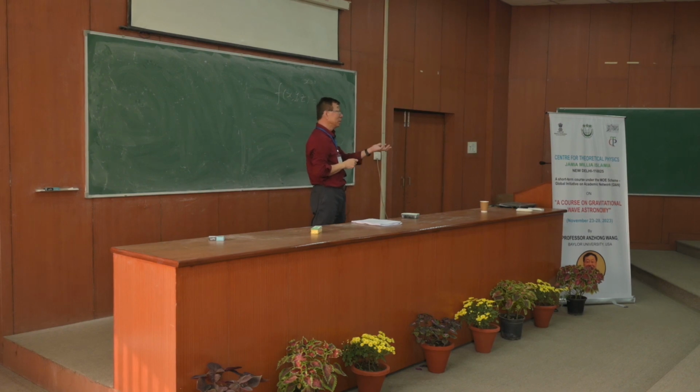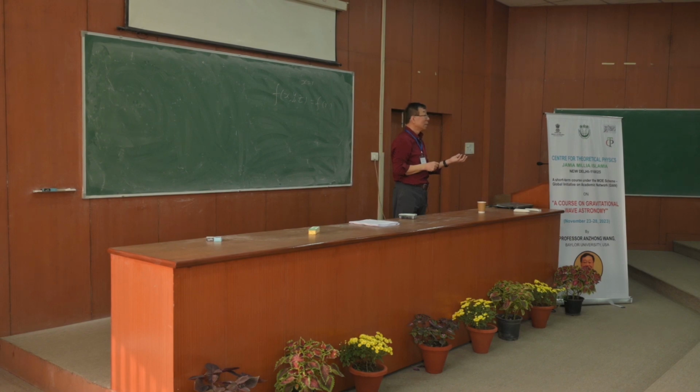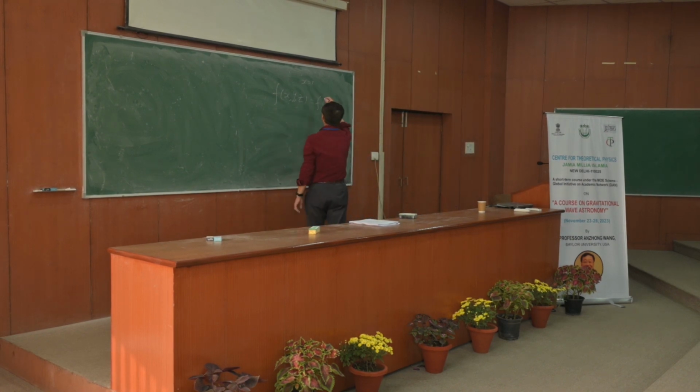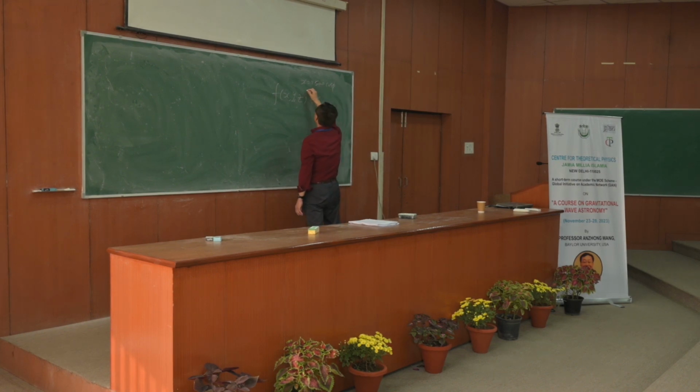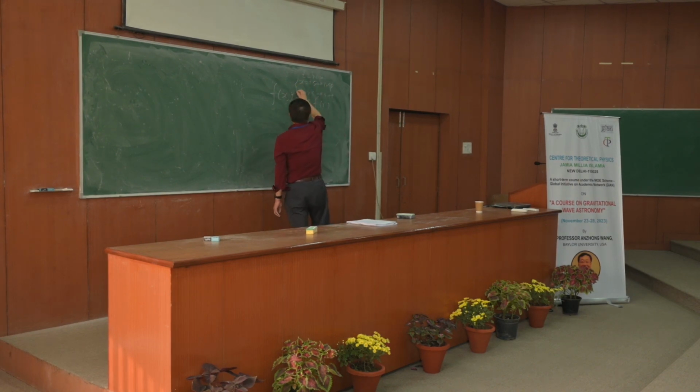But you remember in general relativity, you can choose any coordinate. Classically, x equal r sin theta cosine phi, y equal r sin theta sin phi, z equal r cosine theta. But you are not so sure if this still works in curved space, right?